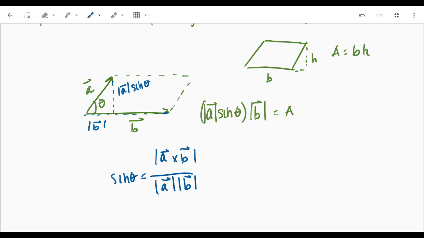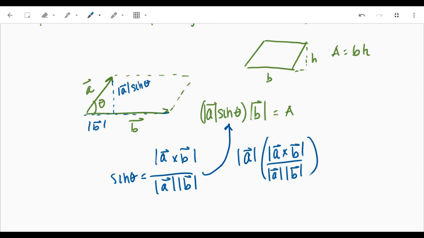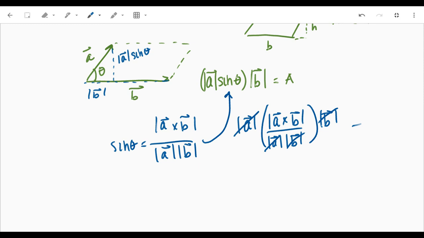So if we plug that in for the sine of theta, then we have the magnitude of A times the magnitude of A cross B over the magnitude of A, magnitude of B, times the magnitude of B. So we get all of these that cancel out. So then the magnitude of A cross B is the area of that parallelogram.